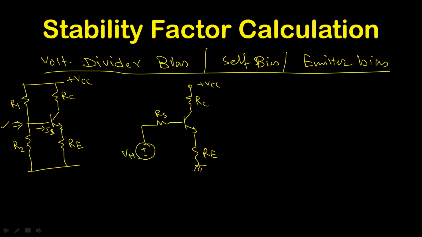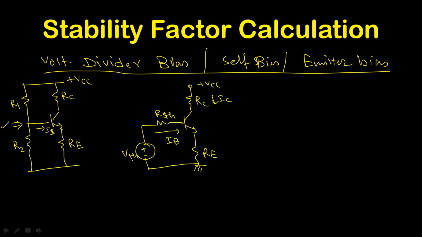Let this be VTH and this be RTH. This is the Thevenin equivalent voltage VTH, and this is the Thevenin equivalent resistance RTH. Now you can easily apply KVL at the input side, and you can calculate the value of IB.